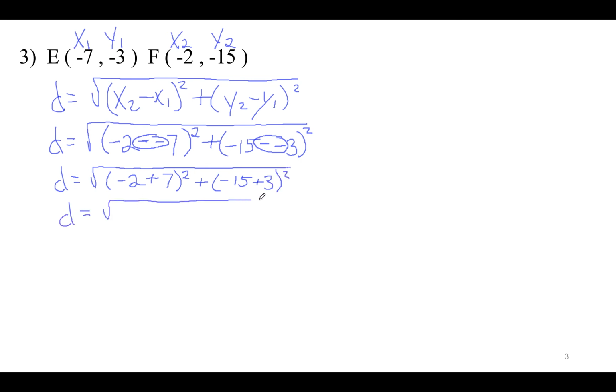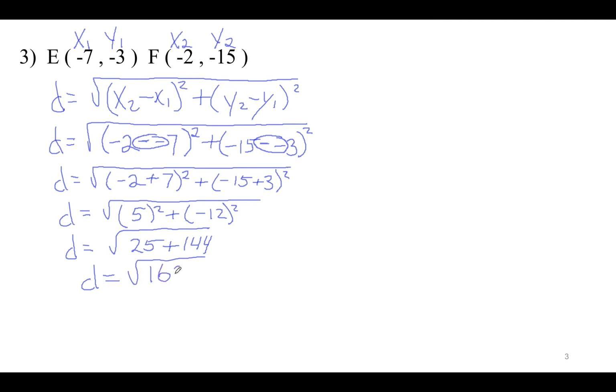Okay. -2 plus 7 is going to be 5 squared, plus -15 plus 3 is a -12 squared. 5 squared is 25, plus -12 squared is 144. 25 plus 144 is going to be 169. Square root of 169 is a whole number, which is 13.